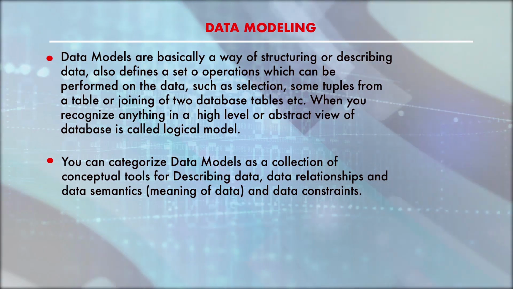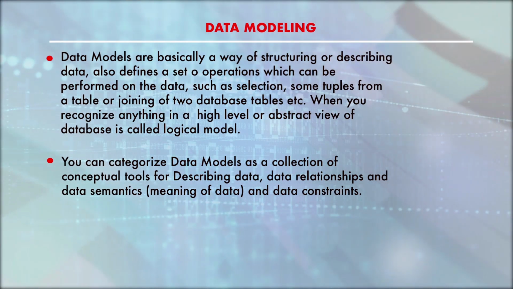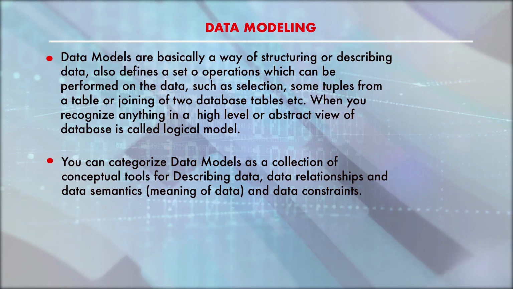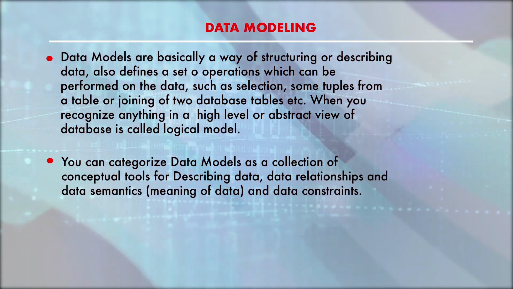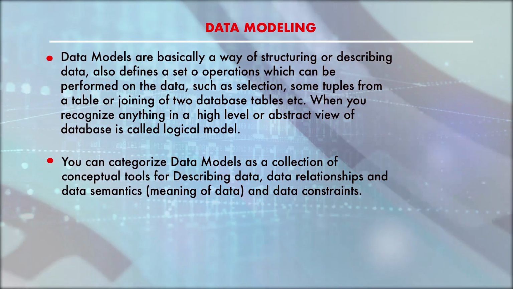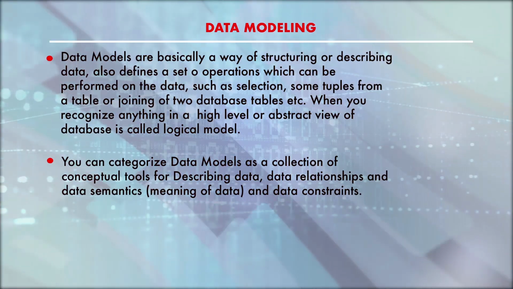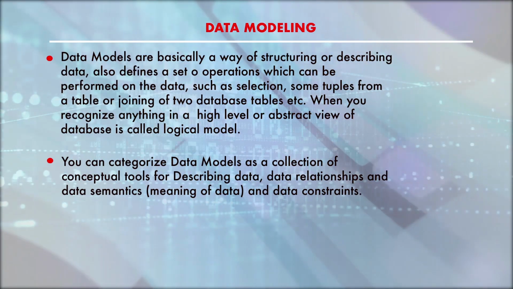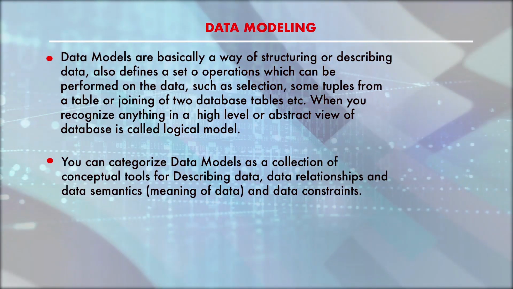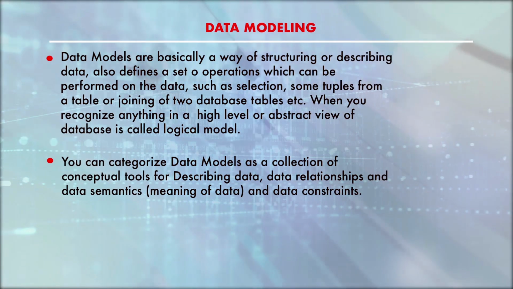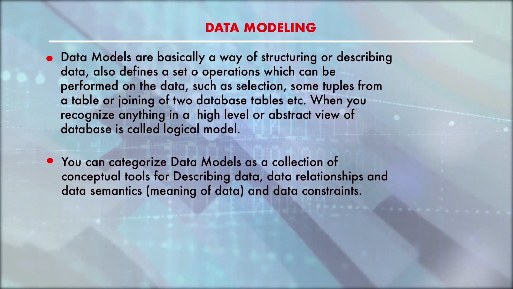So, all these things you have to visualize, not only for 1 table, 2 tables, 3 tables, but for all the tables you are going to have in your system. Then only you will be in a position to have a proper design of the database, on which you can proceed further, and finally implement it to solve the specific problem for which you are designing the database.